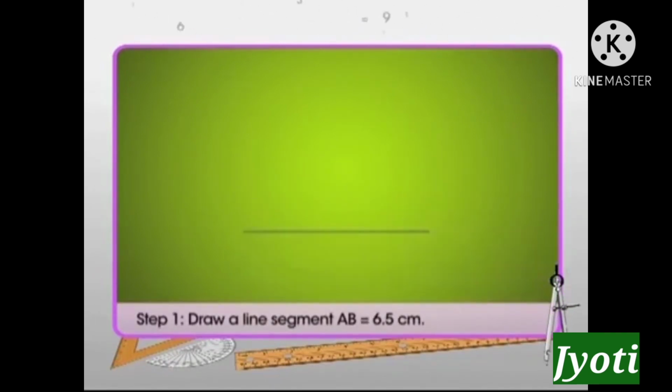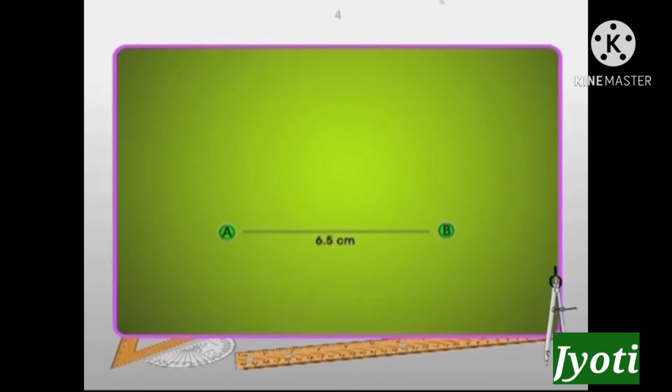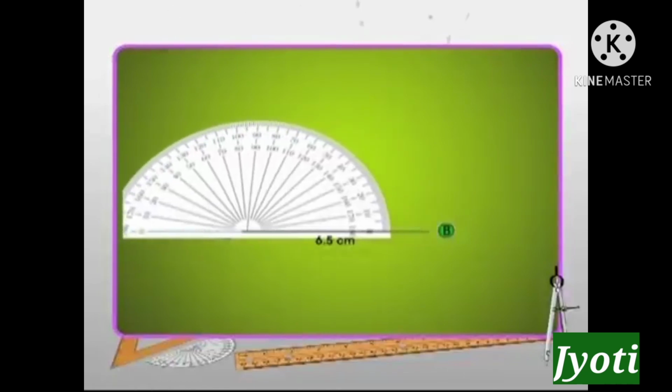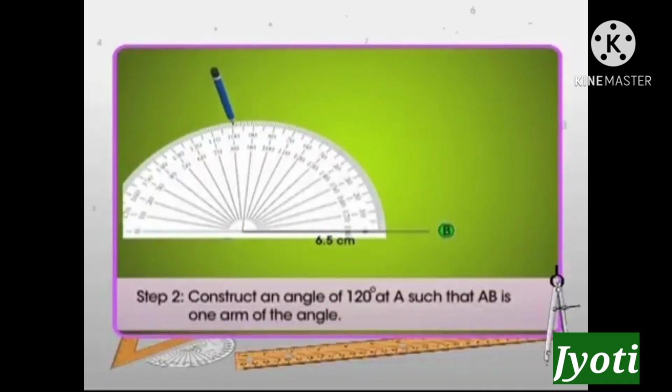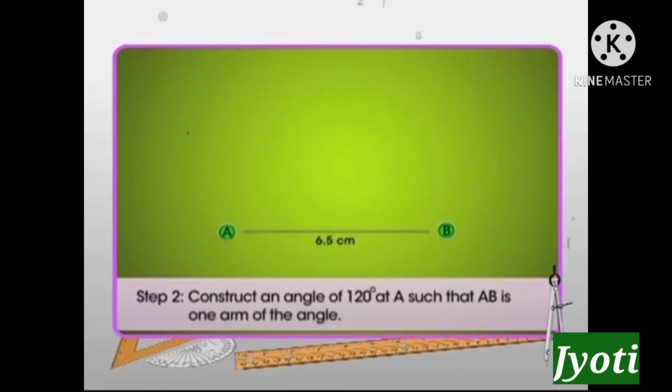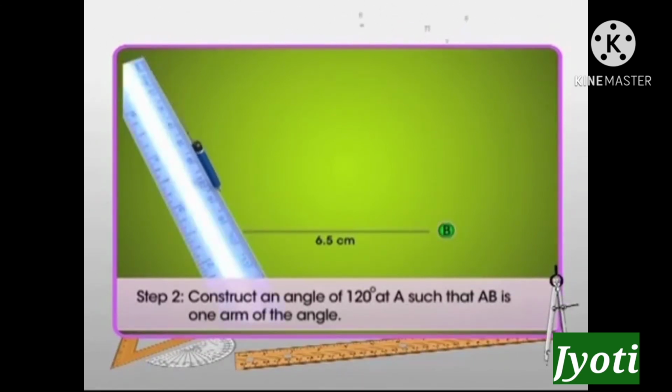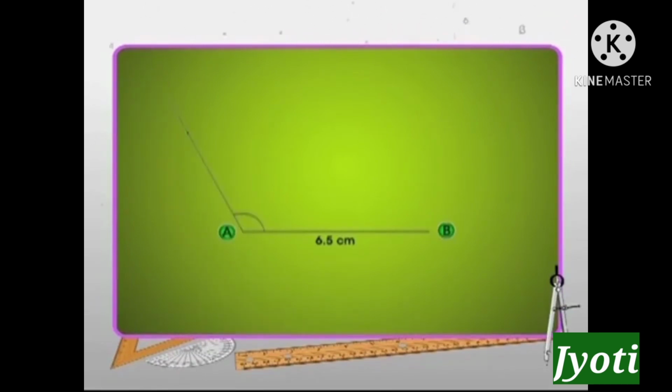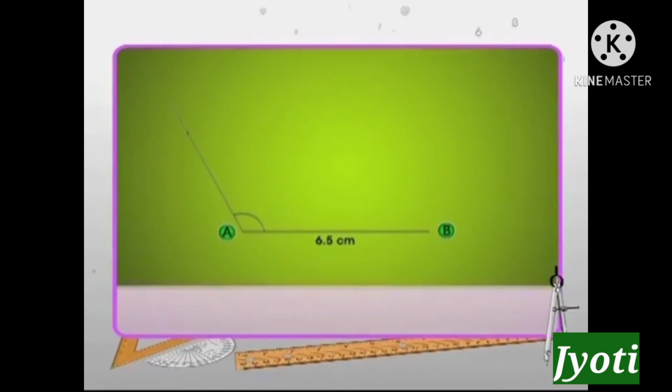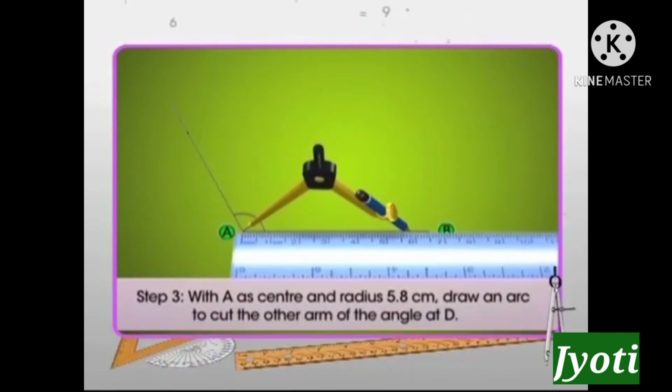First, draw a line segment AB of length 6.5 centimeters with the help of a ruler. Using a protractor, next construct an angle of 120 degrees at A so that AB is one arm of the angle. Now produce the other arm of the angle.